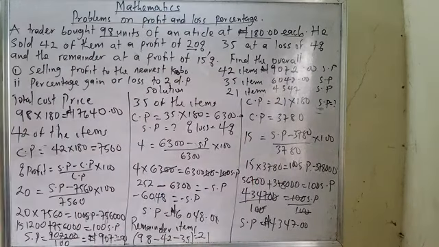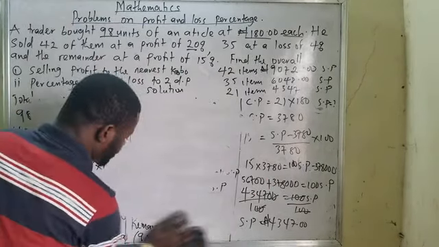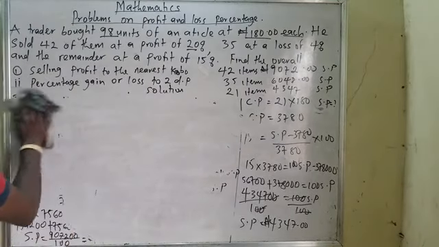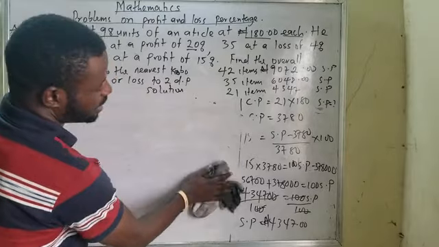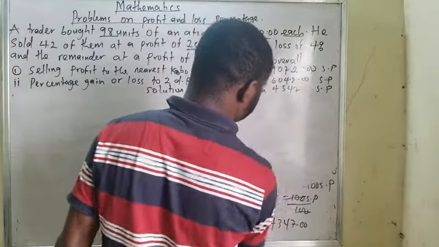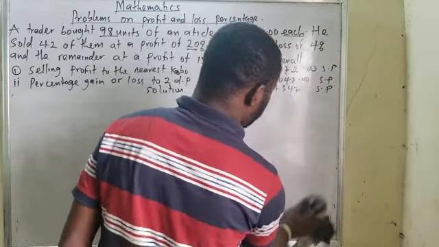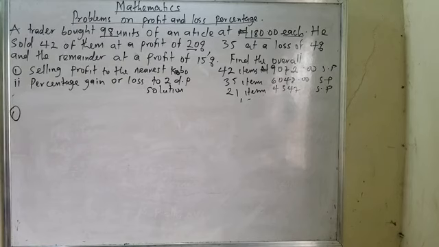Now, the question asks us to solve. Please manage the board. We need a bigger board anyway. Take note of that. Question number one: find the overall selling price.